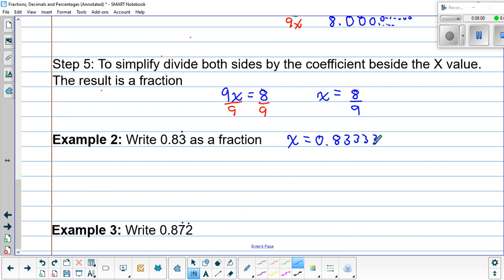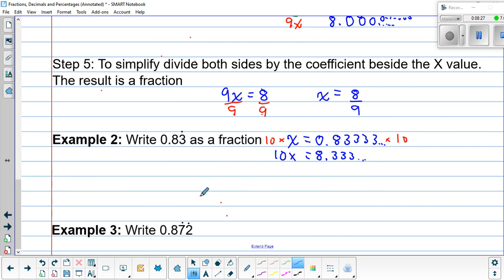Then I'm going to take 10 times this side and times this side by 10. So below I have 10x. So now I have 10x, and that equals 8.333, and it keeps going, right?